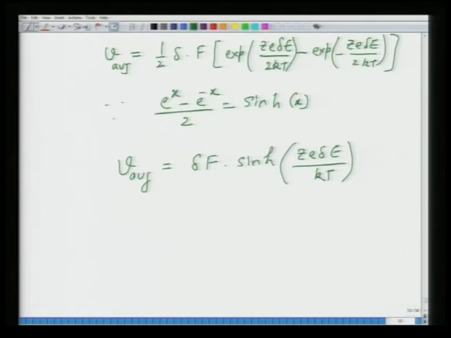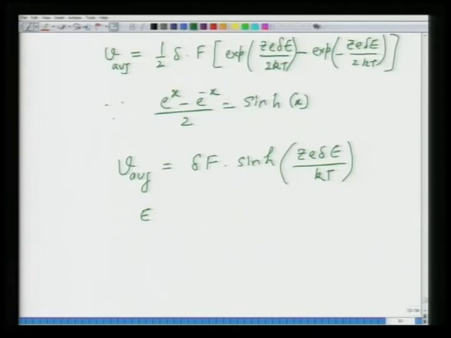Now, under normal circumstances, when ceramics operate, this field is not too large, it is very small. This field is typically, let us say, a few volt per centimeter. When this field is not very large, then this induced energy change is also very small in comparison to thermal energy.